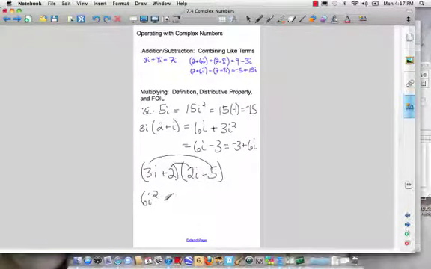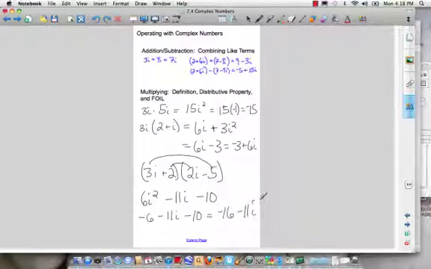So 4 minus 15, so I get minus 11i, and then 2 times -5 is -10. Now keep in mind, i squared is -1, so 6i squared is -6, minus 11i, minus 10, and then we're going to combine the real parts. -6 minus 10 is -16, and then minus 11i.